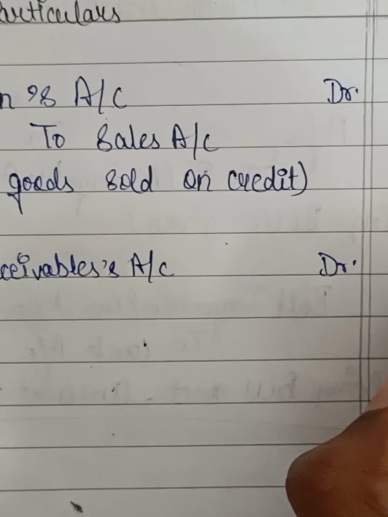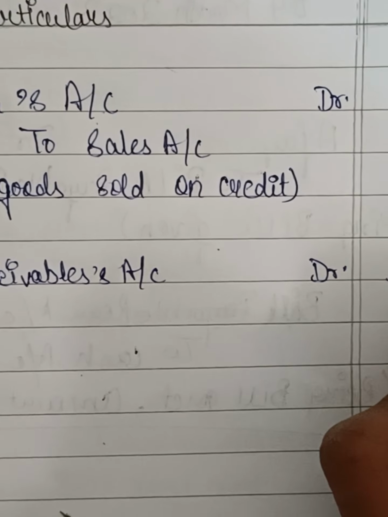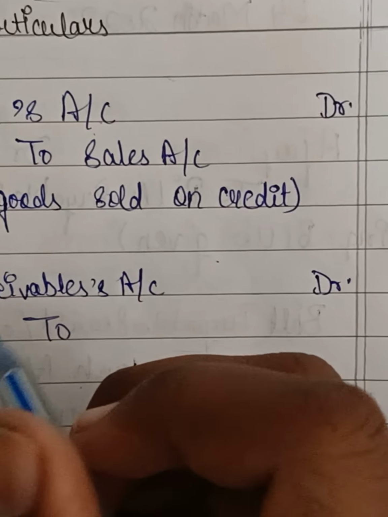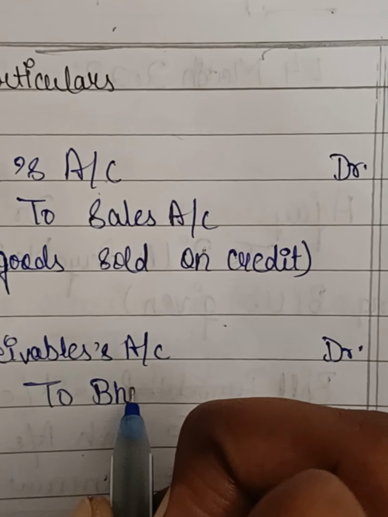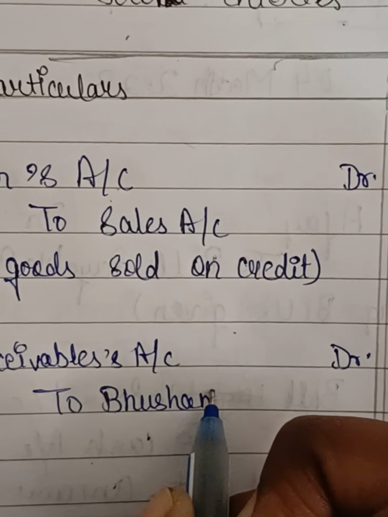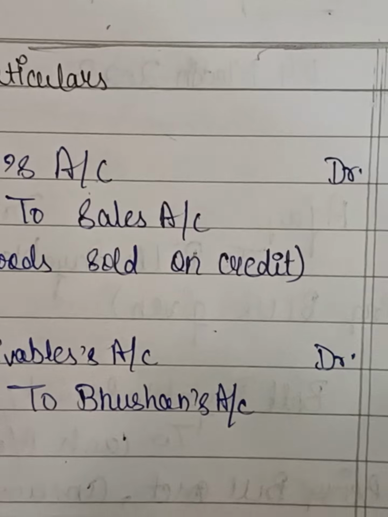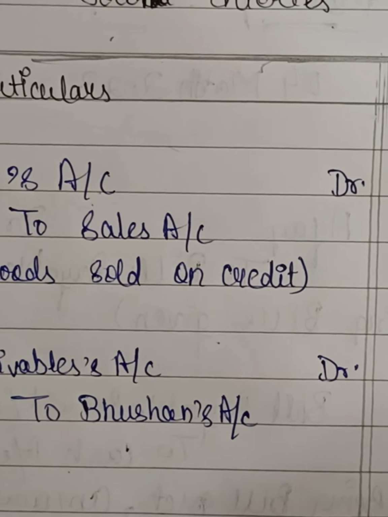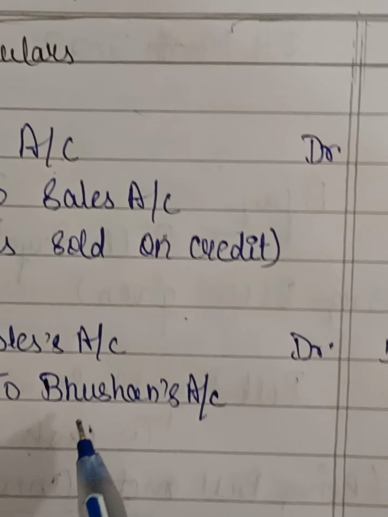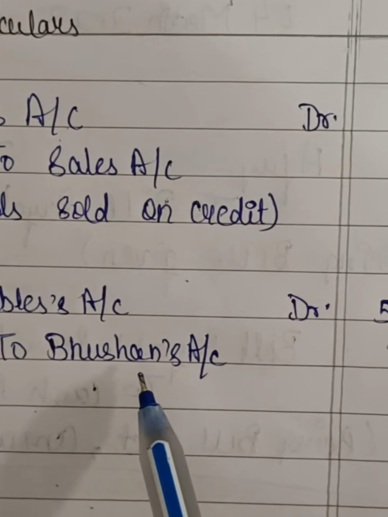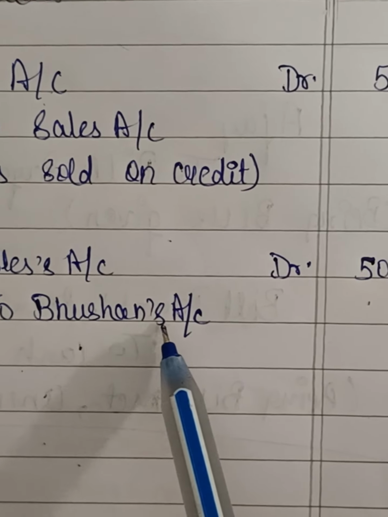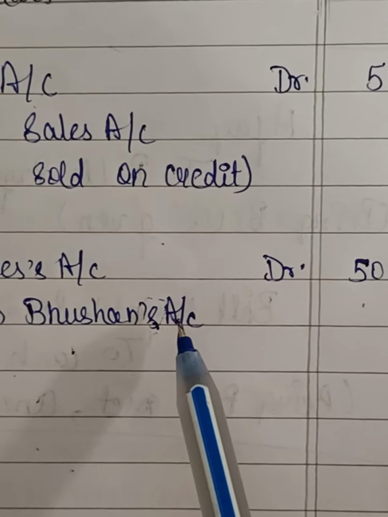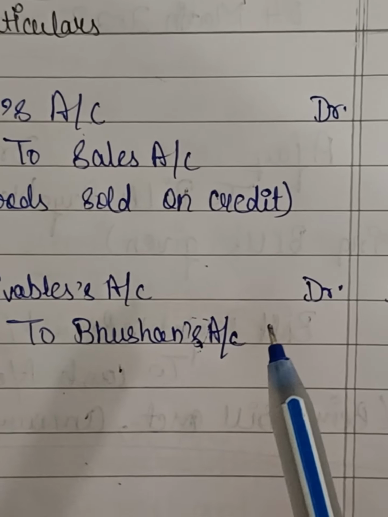What is the amount? Amount is 50,000. To, from whom is he receiving? To Busan. Busan's account 50,000. Here you can only write Busan.